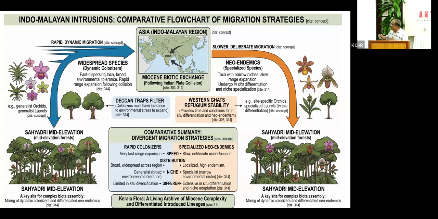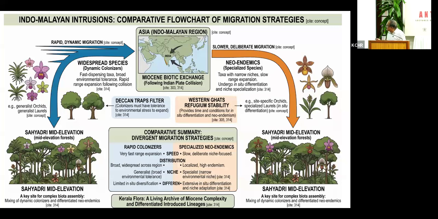The wide distribution of species happened in the Western Ghats, especially in the mid elevation, because that's an area where resources are plentiful. So species with wide ecological amplitude spread across the medium elevation of the Sahyadri, the Western Ghats.